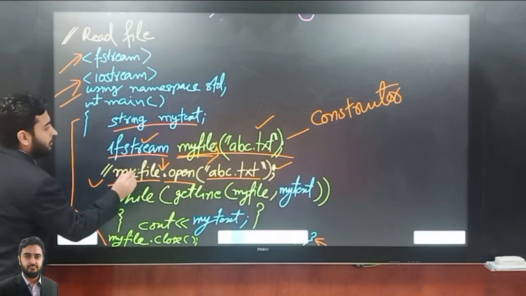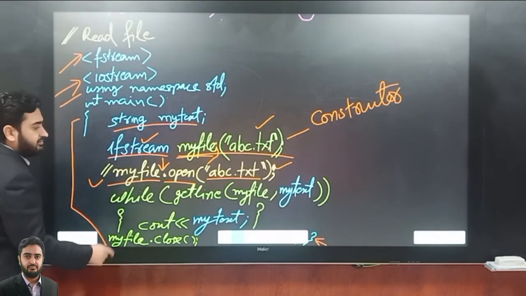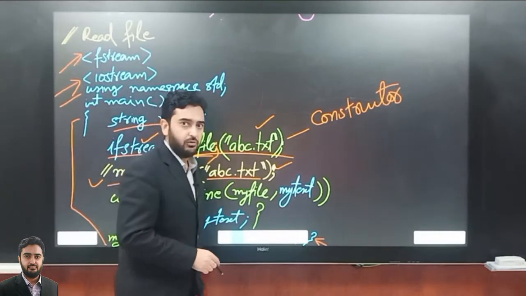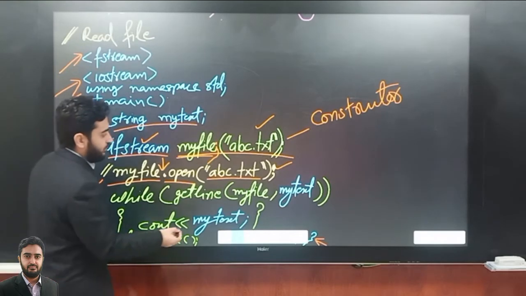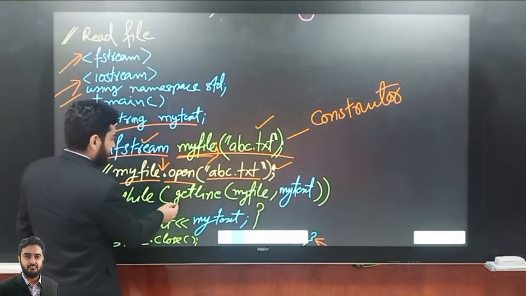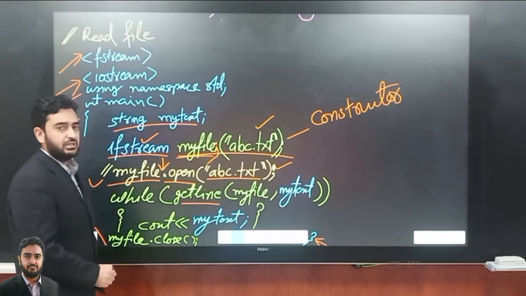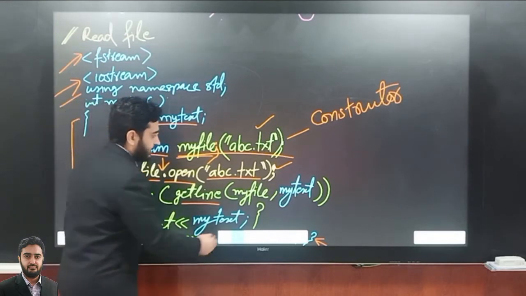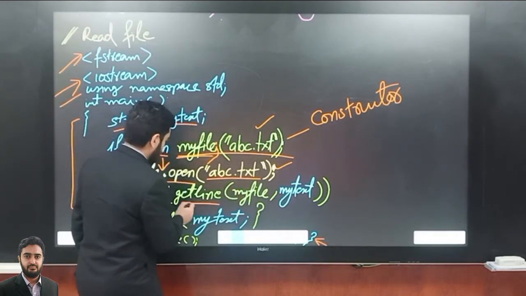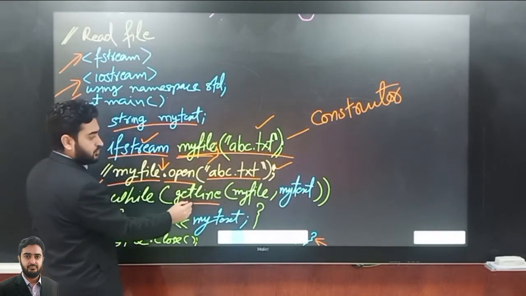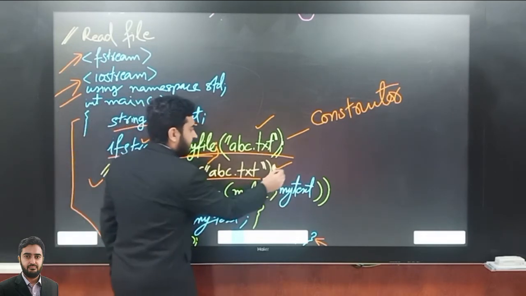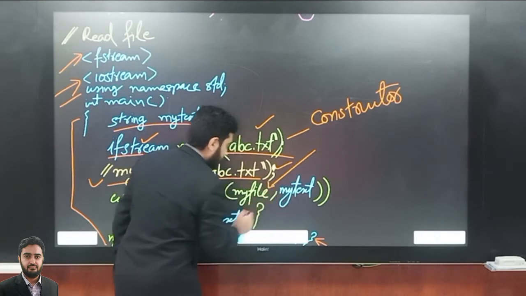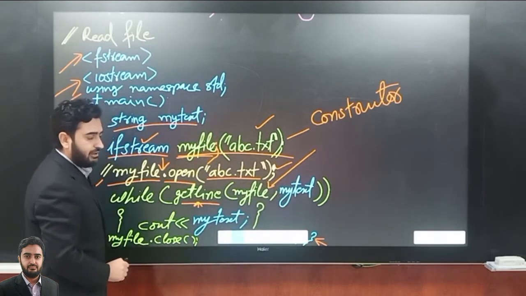When we open the file, then we can read from the file. So how can we read actually? We can read by getting a line from the file. This is a function defined in the iostream. This function will read from my file.